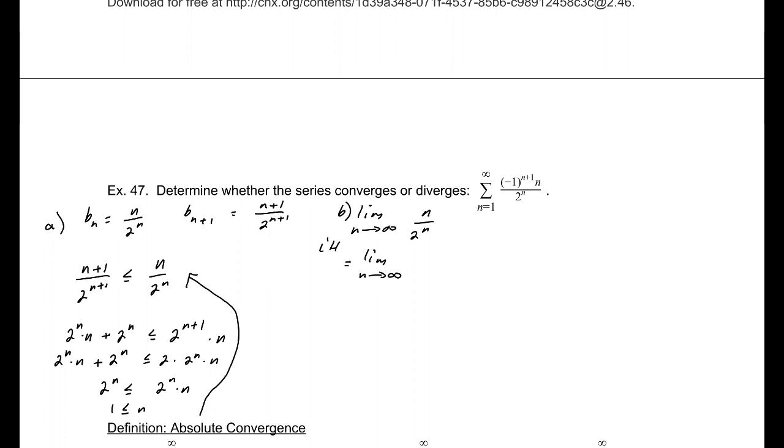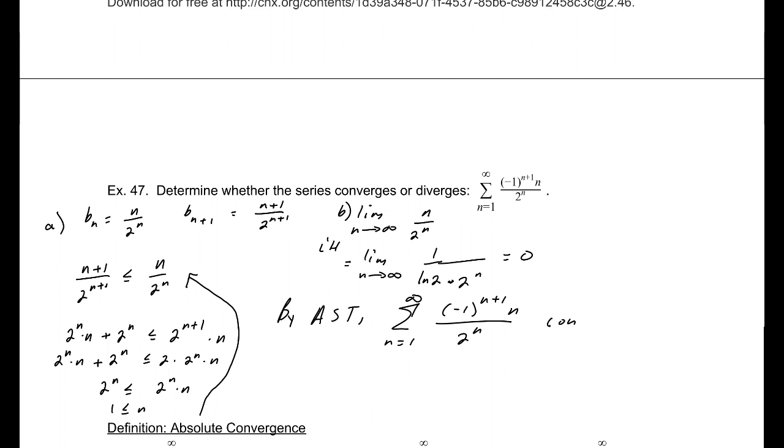That would be 1 over natural log 2 times 2 to the n, which will most certainly go to 0. So in this case, by the alternating series test, the sum from 1 to infinity of (-1)^(n+1) n over 2 to the n converges. And there we have it.